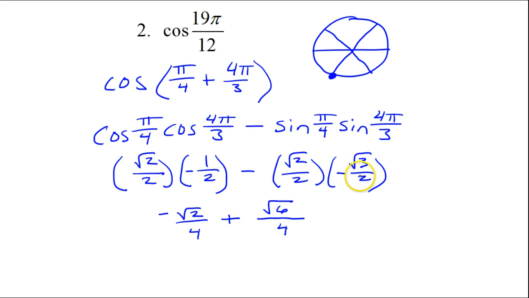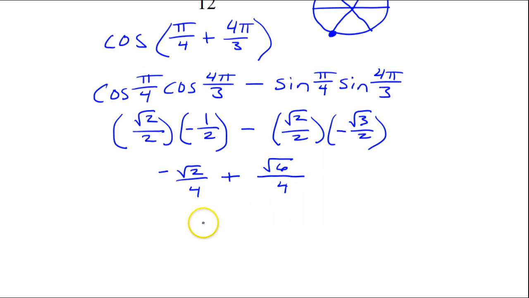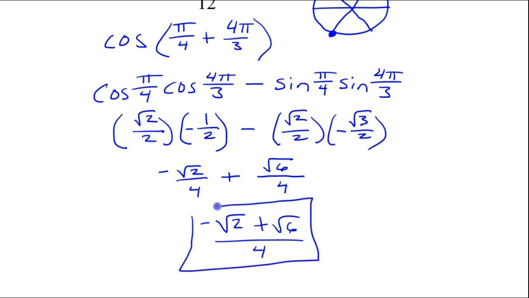Alright, minus a negative is positive. We can go ahead and put these together, so this will be negative radical 2 plus radical 6 over the like denominator of 4. So this will be the final answer for number 2.